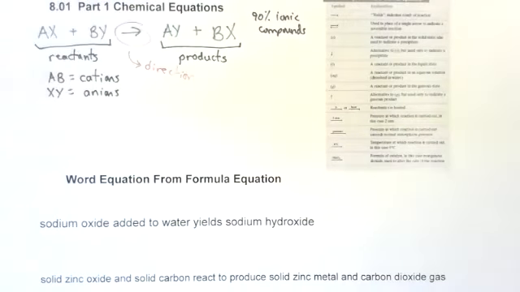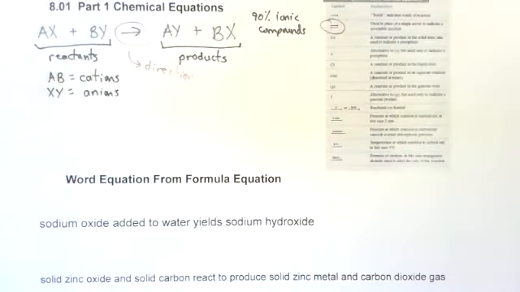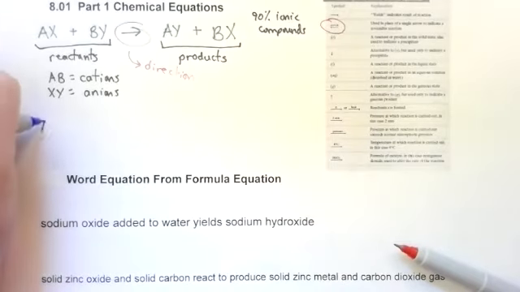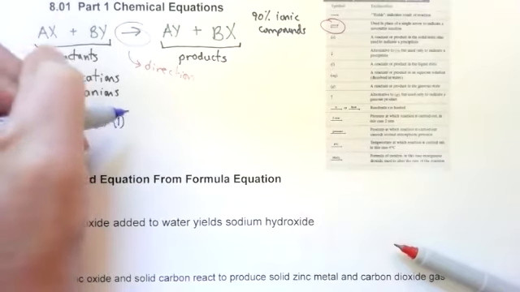Well, sure, that makes sense, right? We can only go one way. Well, that's not actually the case. Over here off to the side, we have a table of symbols, and you'll notice this double arrow. The other thing we could do is another one. Let's say this is AX, solid, plus BY, liquid.